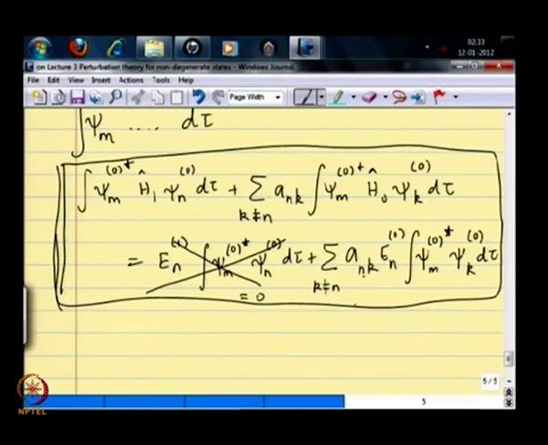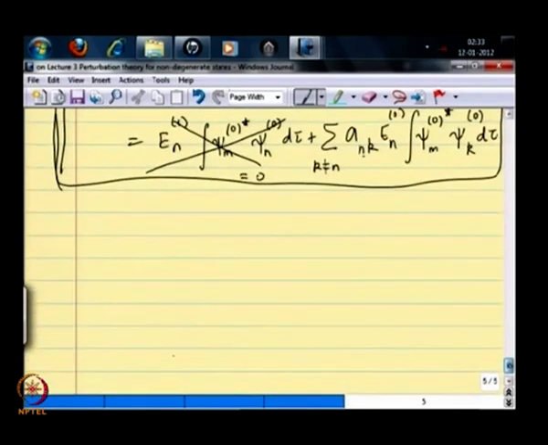Right away you can see this reducing, because of this integral being delta m k, and therefore this summation in which k takes all possible values other than n is reduced to only one term, namely k is equal to m.